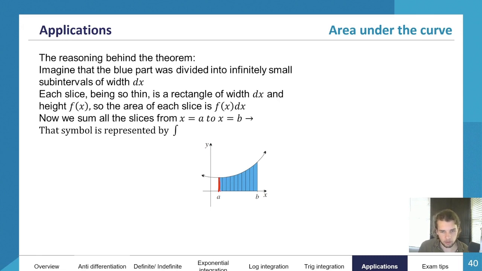So all these slices look like this, infinitely thin and multiplied by the height. If you were able to get the sum of all of those together between a and b, then you would correctly get the area underneath the curve. And that's sort of what integration is actually doing functionally.